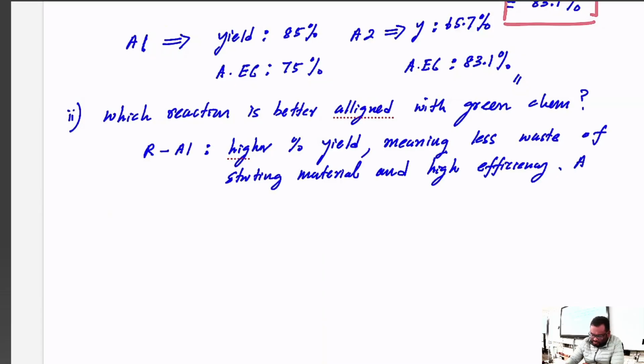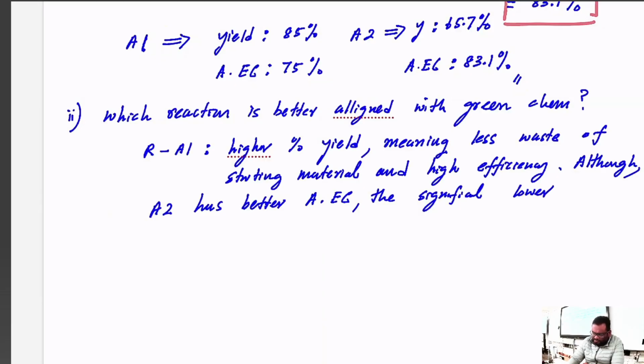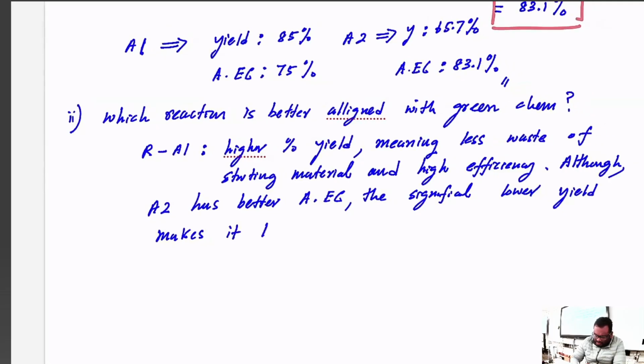Now we have to talk about A2 as well. Although A2 has better atom economy, you can say the significantly lower yield makes it less environmentally friendly due to material waste.